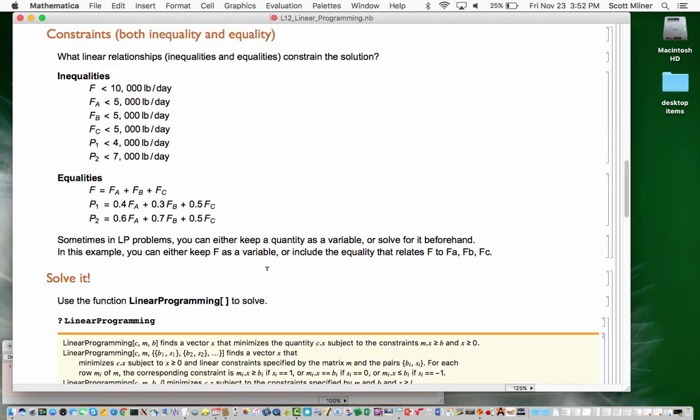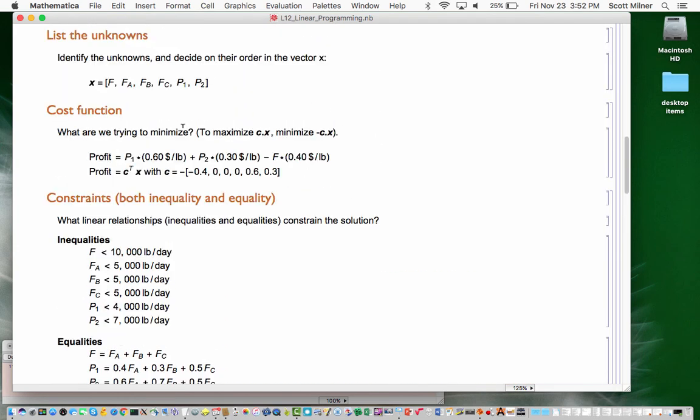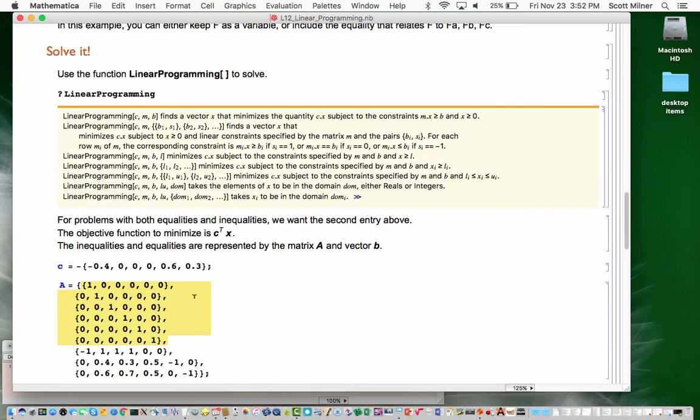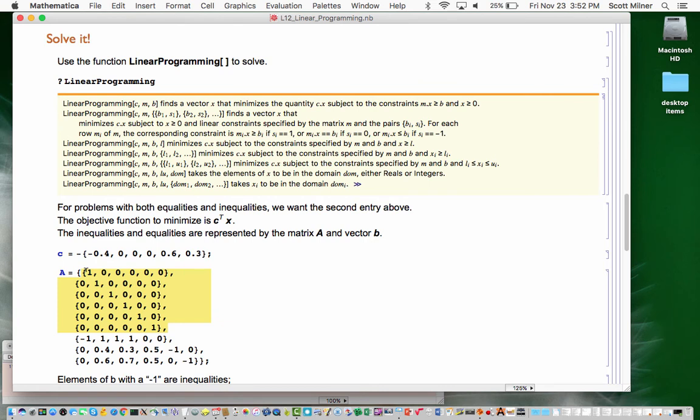And each one of those only mentioned one variable, f, fa, fb, fc, p1, p2. Every single one of the variables in our list of unknowns, in this case, has an inequality. And so they all appear here as a vector with only one entry, because this will be the way that we access f in order to write an inequality on f. This will be the inequality on fa, this will be the inequality on fb, and so forth.